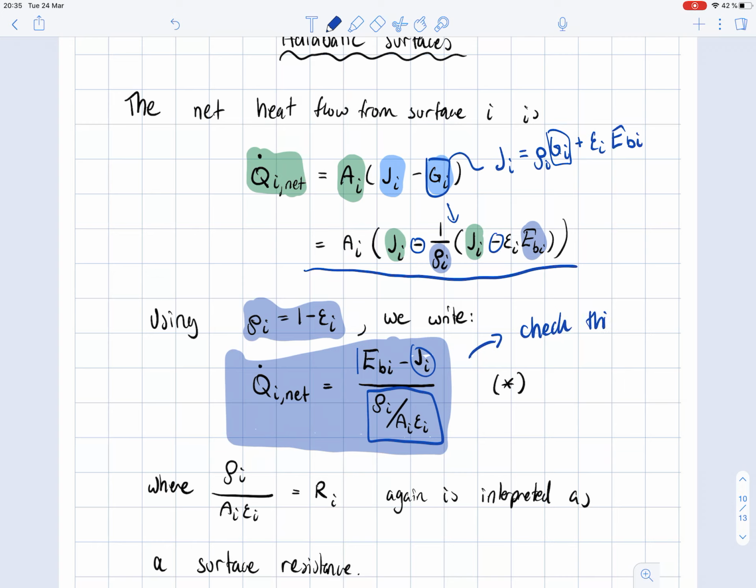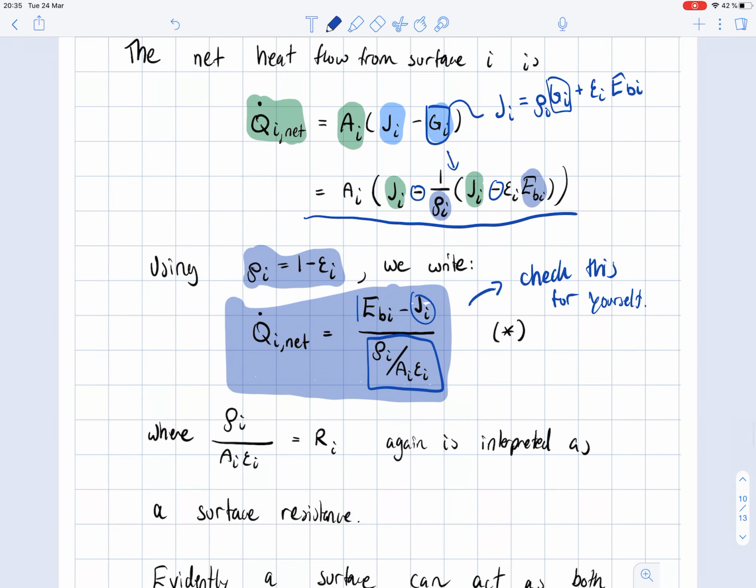You should check this for yourself. And this term, rho I over AI epsilon I, we call capital Ri. And this is interpreted as a surface resistance. So resistance towards heat transfer equivalent to the resistances to heat transfer you've seen in convection and conduction problems previously.